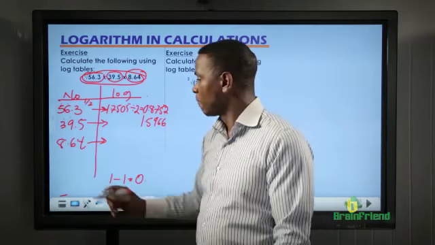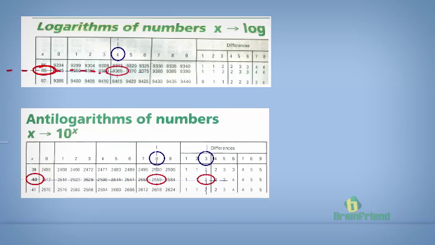Let's go and look up our fractional part. The first 2 digits of our given number is 86. So we go to the row 86 on our logarithm table and we trace it down.